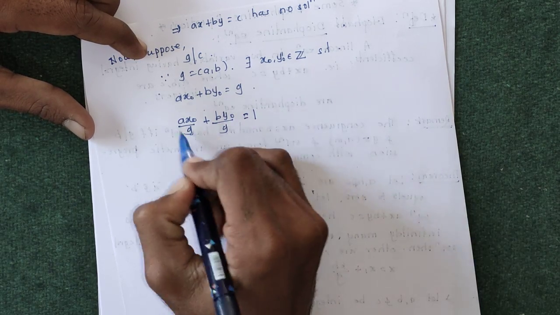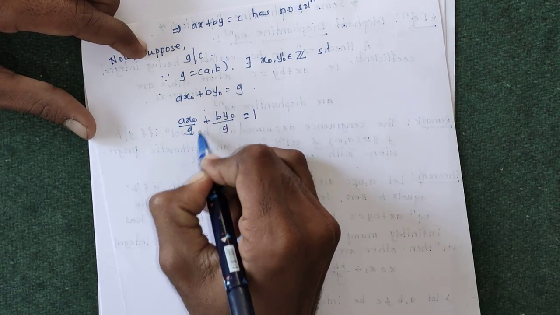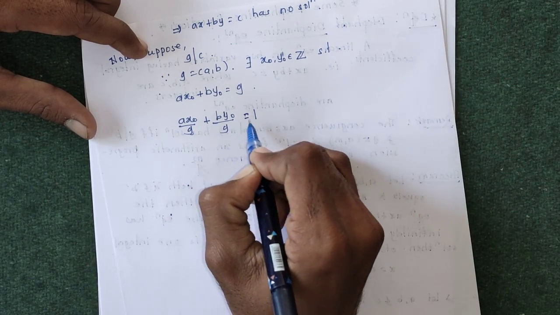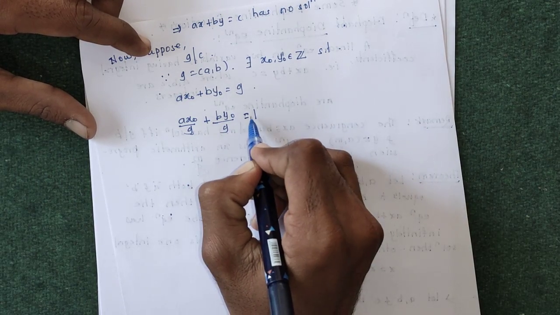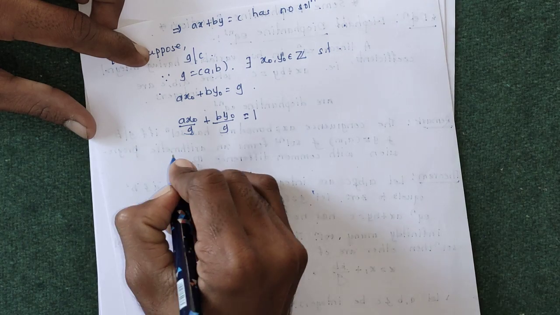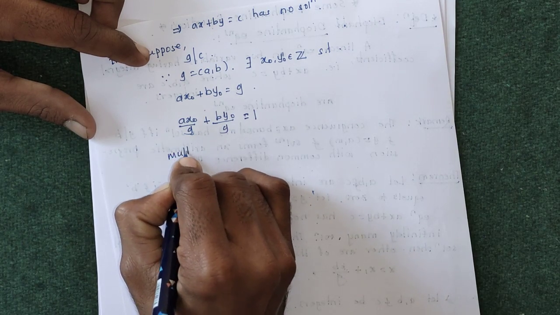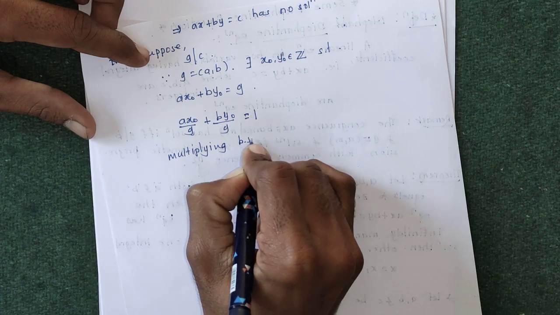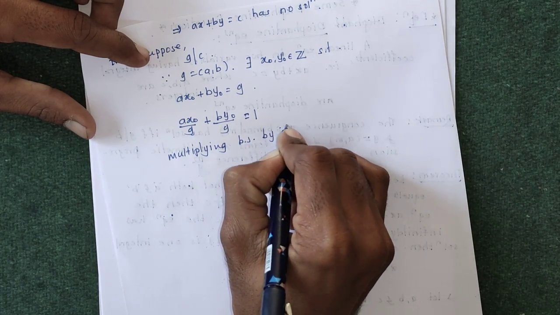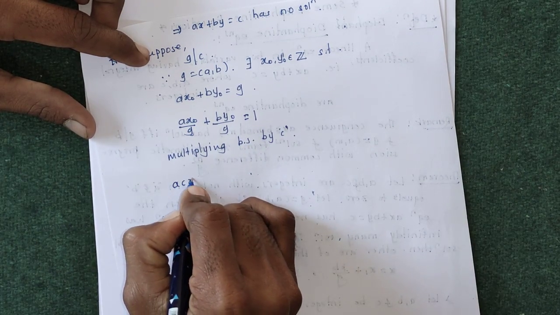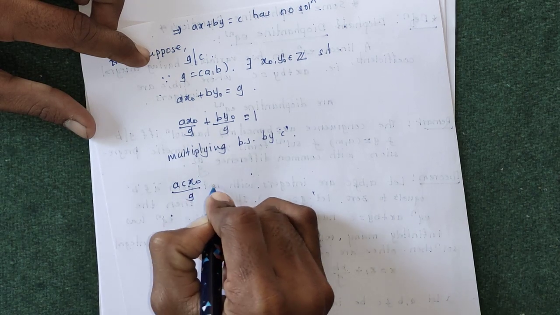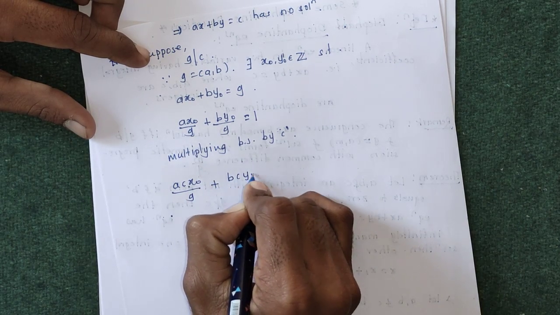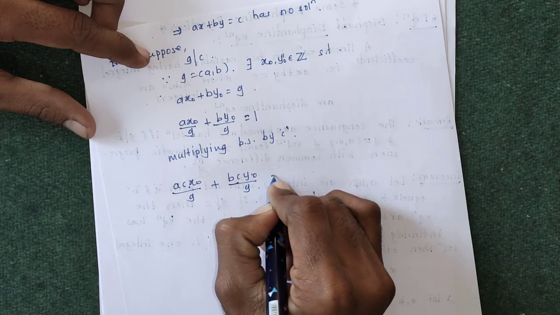So we need the equation A into some x plus B into some integer is equal to C. So multiplying both sides by C, we can write A C x naught upon G plus B C y naught upon G is equal to C.